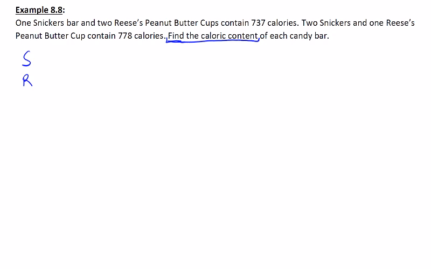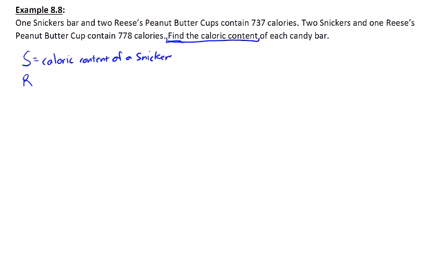And it's important that when you define your variables that you define them correctly. If all you do is say S equals Snickers, then you don't really understand what it is that your variable represents, because S is not supposed to equal Snickers. It's not the number of Snickers either. It's supposed to be the caloric content of each Snicker. So this S is supposed to represent the caloric content of a Snickers.